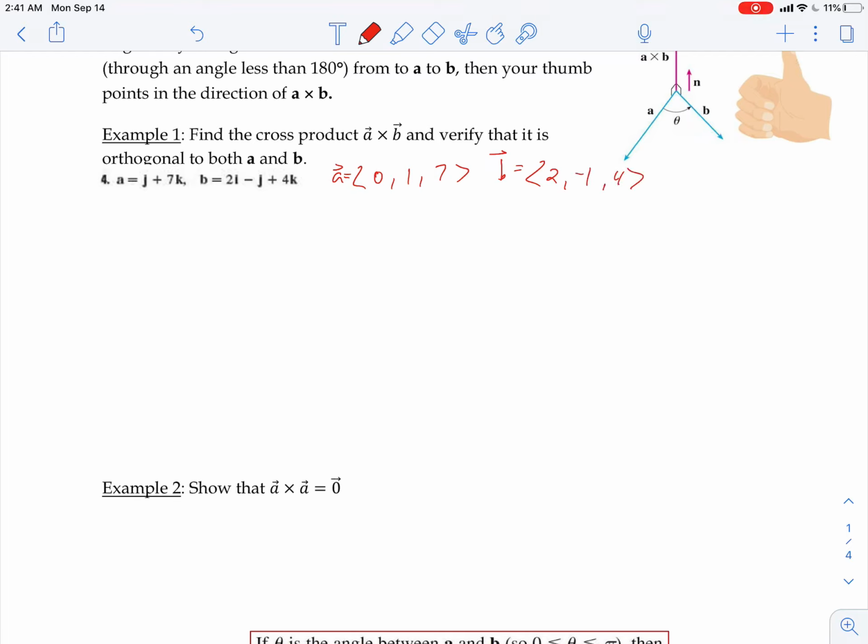You don't have to put this in standard basis form, so if you want to just look at those two vectors, that's fine.